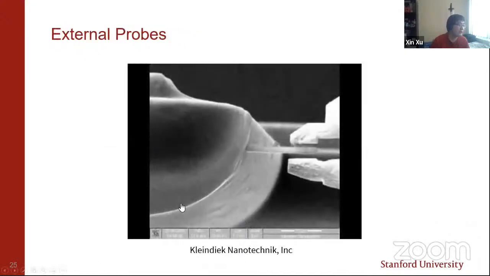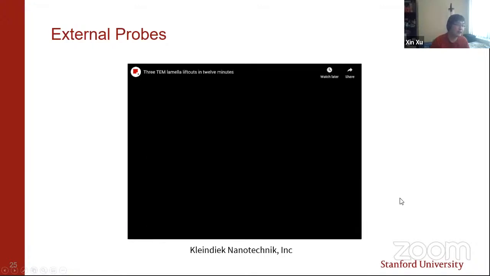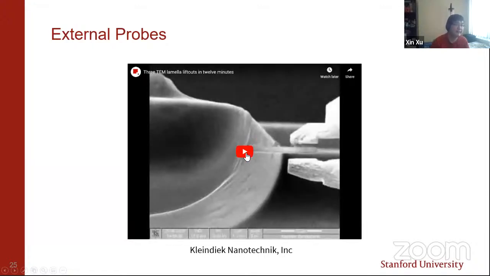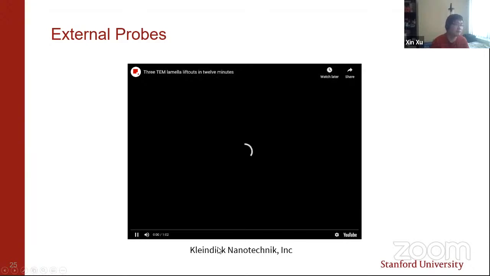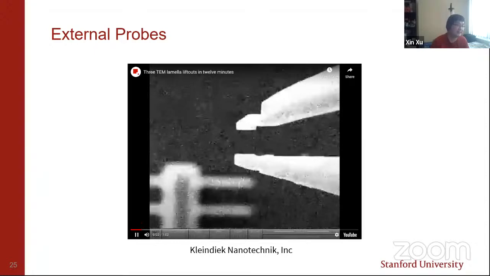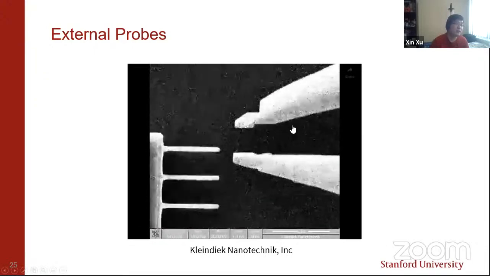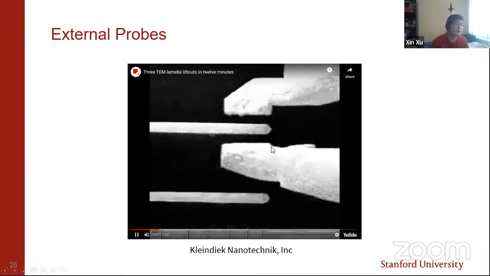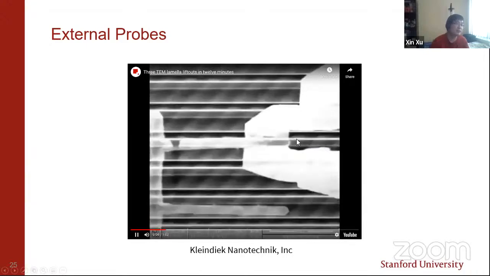I would like to give another example here about external probes. Right now some commercial companies have developed powerful probes inside the FIB, which can help you do the micron manipulation very fast and very efficiently. For example, you are not using one single probe, you are actually making a tweezer with two probes.